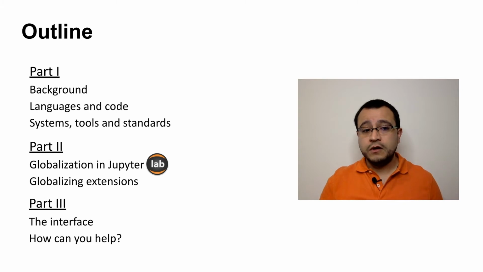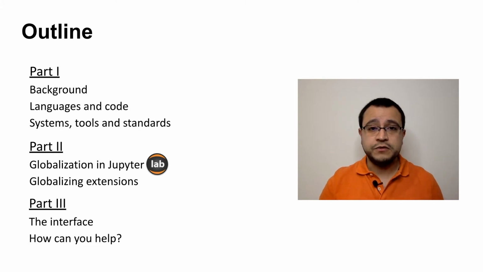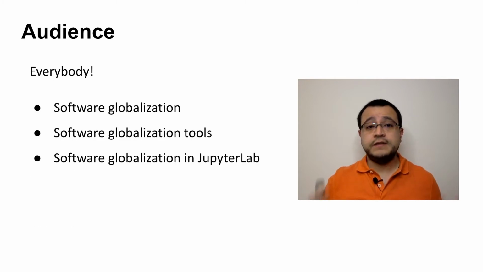Next, we're going to talk about the interface, and I'm going to give you a small demo. And finally, I'm going to tell you how you can help the project and the different languages. This presentation is targeted at anyone who wants to learn about globalization in general, about globalization tools, and how it is applied to JupyterLab. So let's begin.